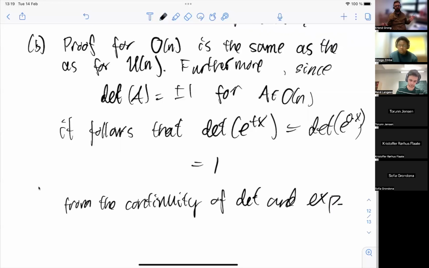So it cannot skip from +1 to -1. So it has to be 1 all the time.